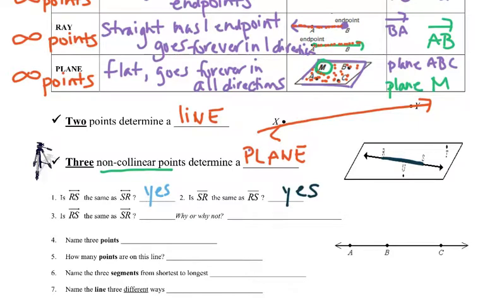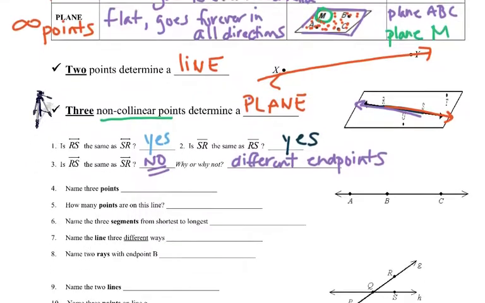What if I said ray RS and ray SR? Are those the same? And they are not. They have different endpoints. When you change the order of the letters with a ray, you really get a totally different ray with a different endpoint.